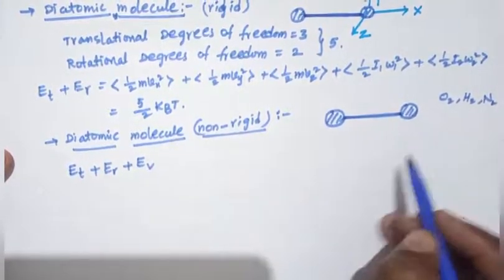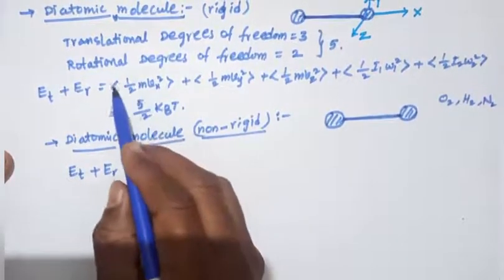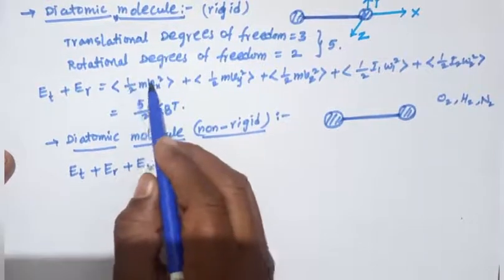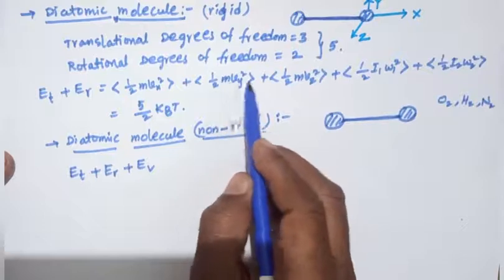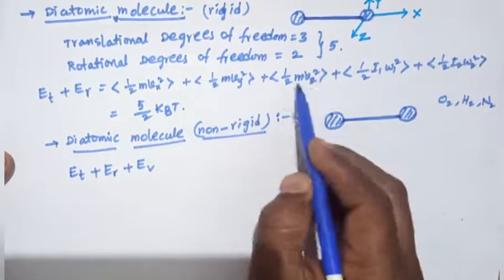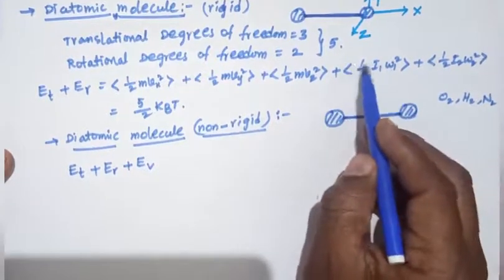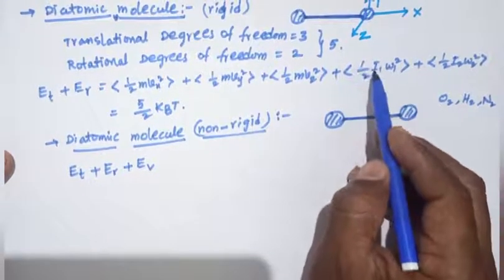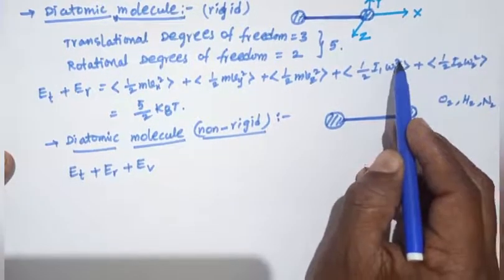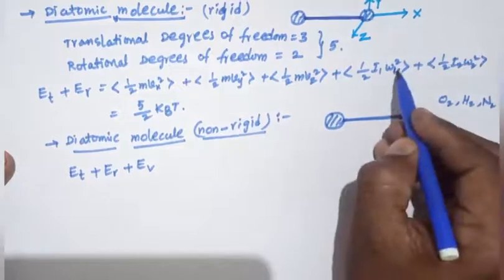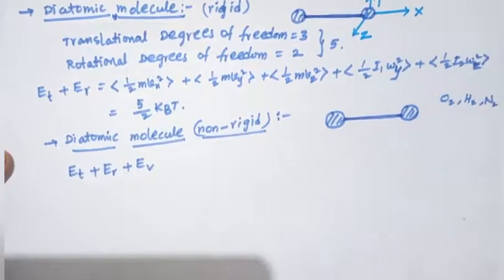We already found E translational: the average kinetic energy along the x-axis, along the y-axis, and along the z-axis. And the rotational kinetic energy: the average along the y direction and along the z direction.